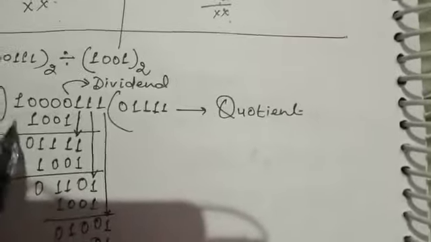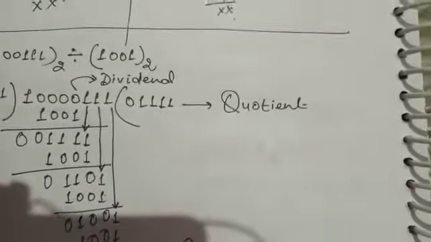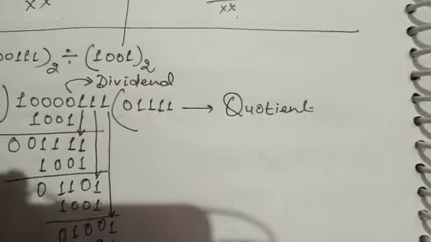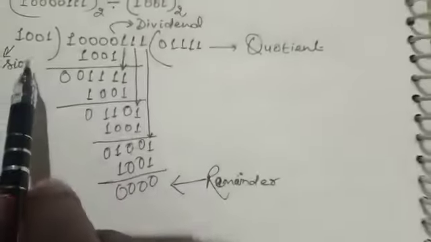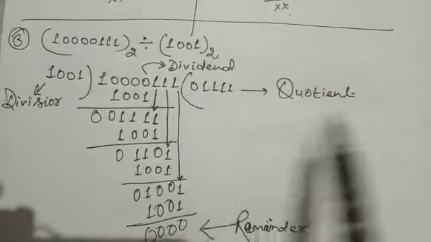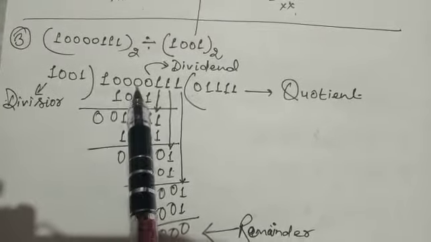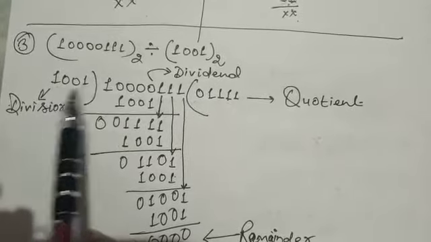In the next example, it is a bigger example. The value is written in the same order: 1, four times 0, again 111. It is divided by the binary number 1001. The process is similar. The first four digits are 1000, but the divisor is 1001.